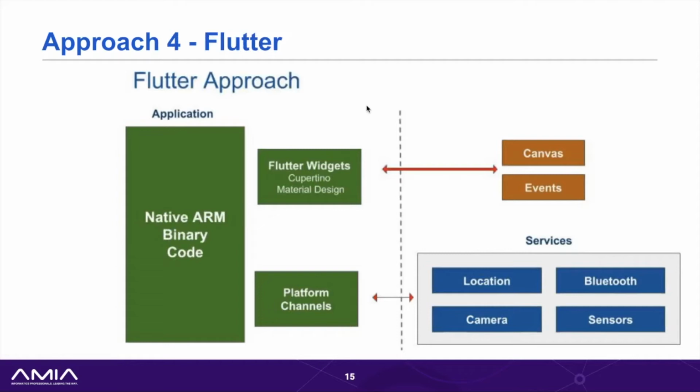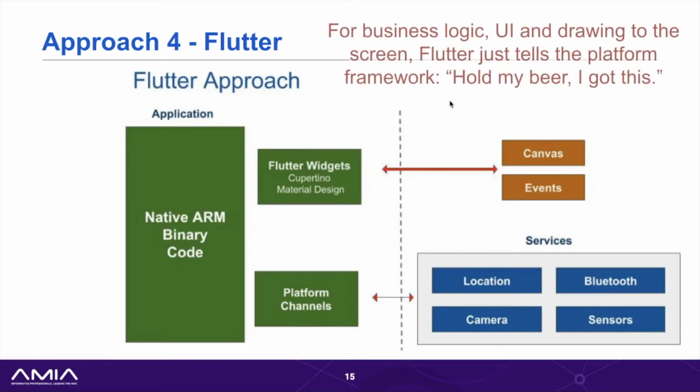Flutter is different, and the Medium article that I'm referencing with these images, which you can see in the show notes or in the PowerPoint notes, uses this term, and I just love it. For business logic, UI, and drawing to the screen, Flutter just tells the platform framework, "hold my beer, I got this." All of the widgets are handled directly by Flutter, and everything you write gets compiled into native ARM binary code.